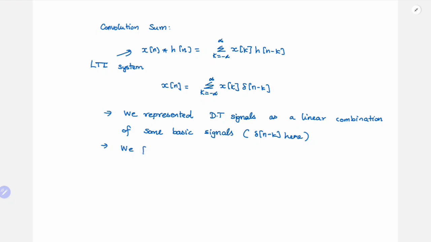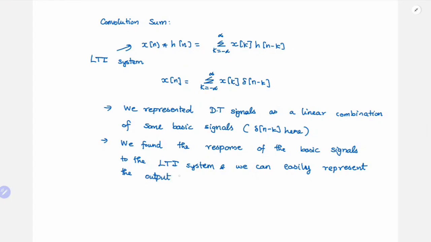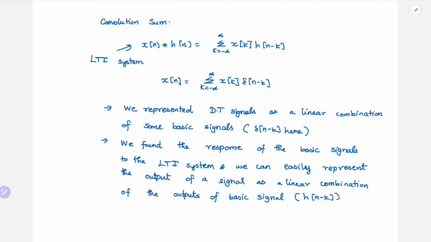And then what did we do? We found the response of the basic signals to the LTI system, and we can easily represent the output of a signal as a linear combination of the output of basic signals, which is nothing but the h of n minus k, which we called the impulse response, right?